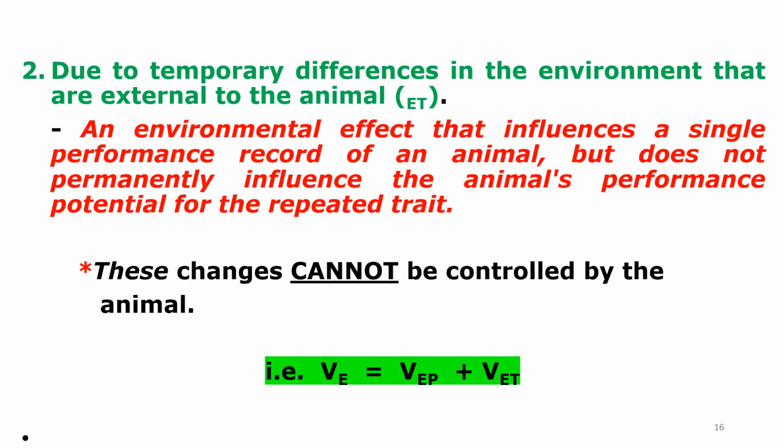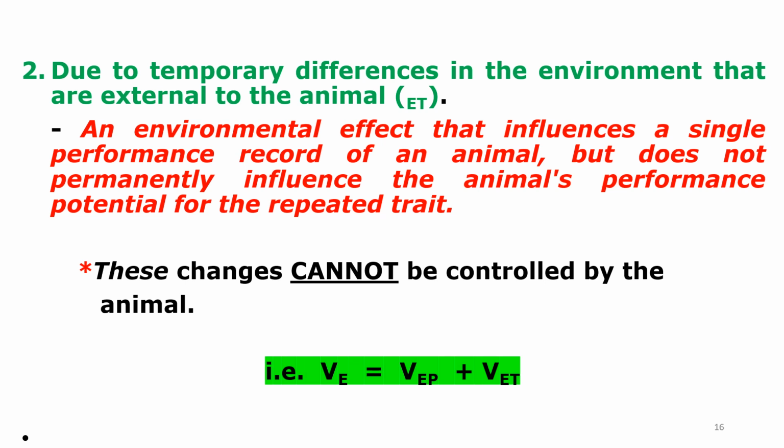The second aspect is temporary differences in the environment that are external to the animal, represented by ET. And this is defined as the environmental effect that influences a single performance record of an animal, but which does not permanently influence the animal's performance potential for the repeated trait.